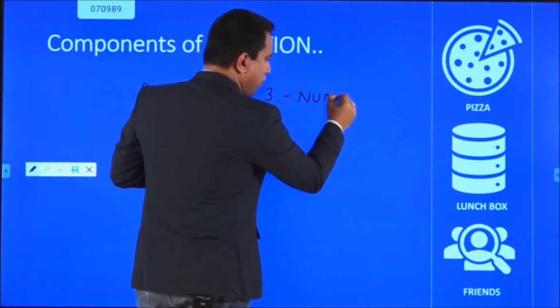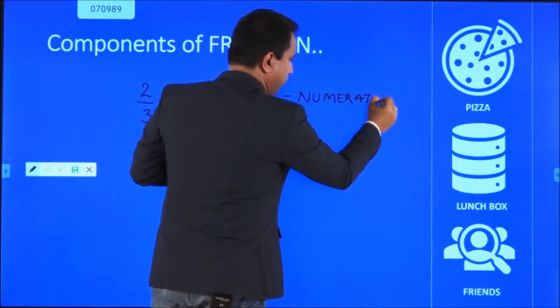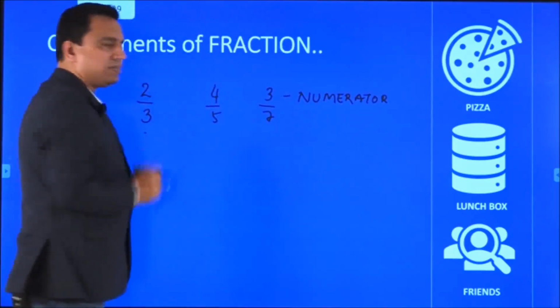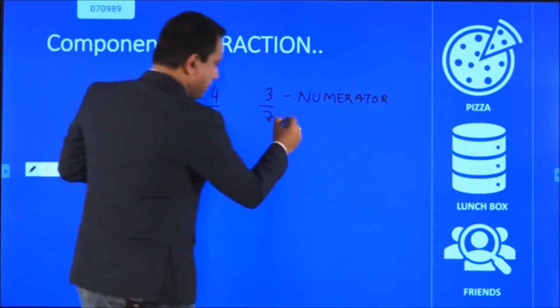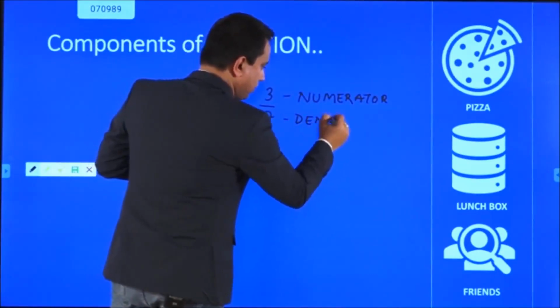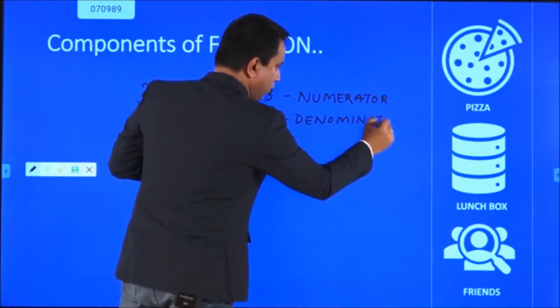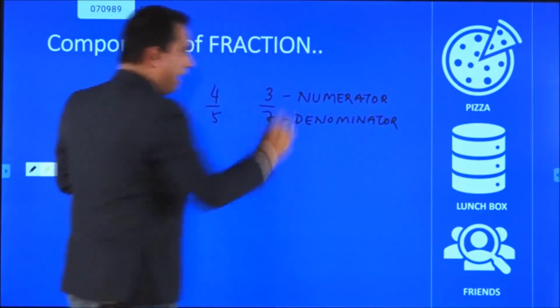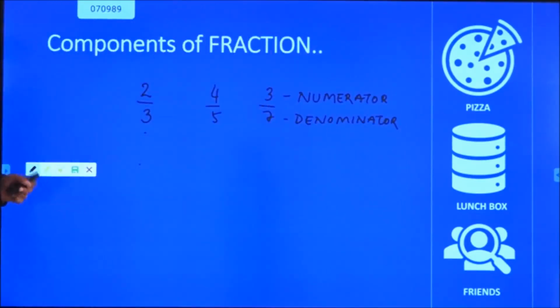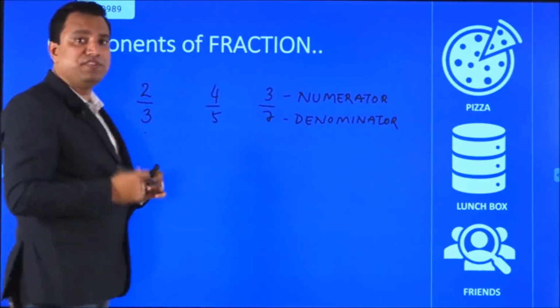Then we have another number which is at the bottom, which is nothing but a denominator. So boys and girls, a fraction is always a combination of 2 numbers, one number on top of the other.